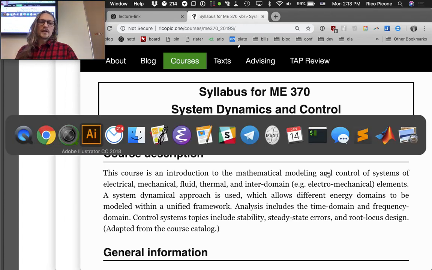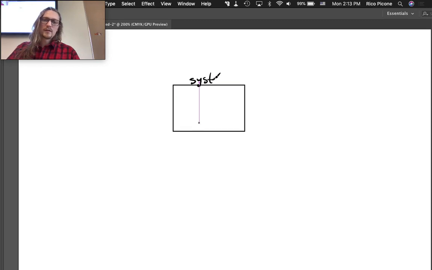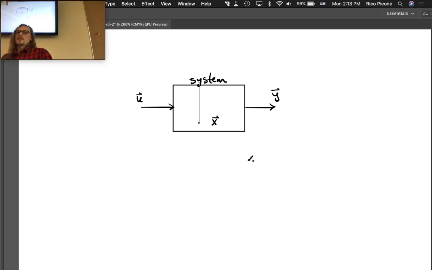So our systems are like a box, and we have inputs going in, and we have outputs coming out. And remember, we've used state variables inside, so we could put X down here, state variables inside the system describing what's happening in there.